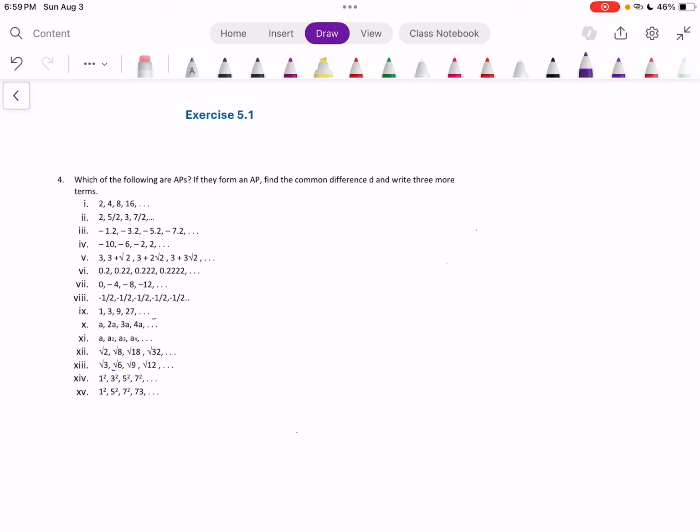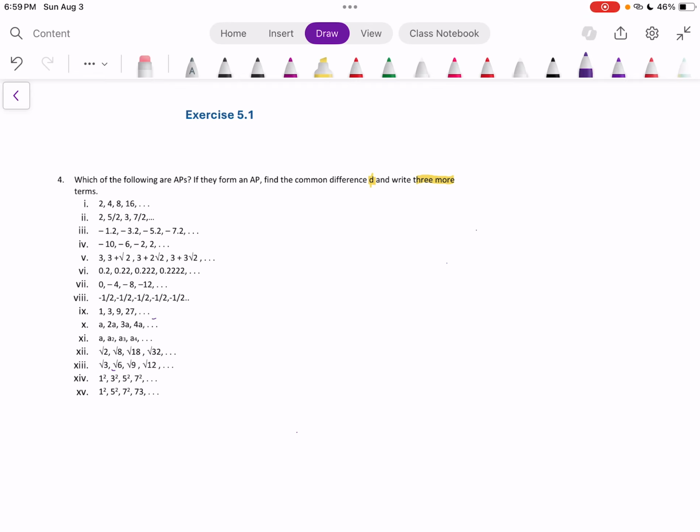Question number 4, which of the following are APs? If they form an AP, find the common difference D. We have to find the common difference D and write 3 more terms. So if the series is an AP, then we will write 3 more terms. That's what the question says.